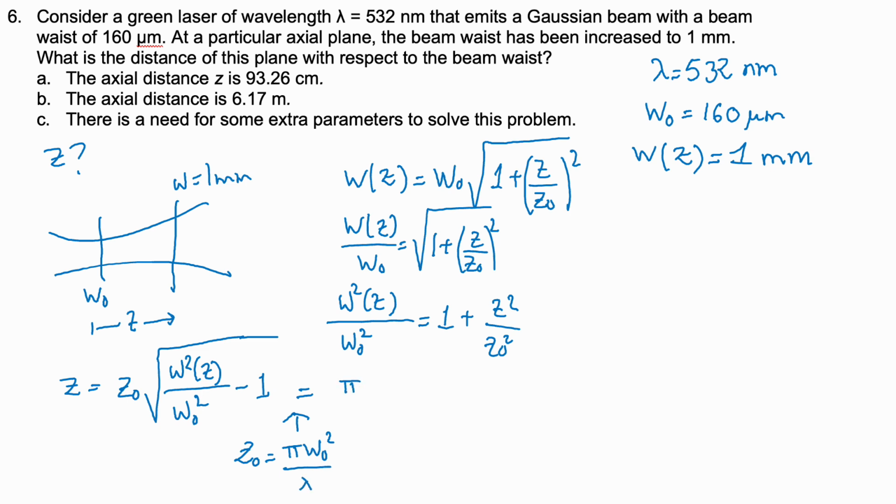So we put here pi, the beam waist squared over lambda, times the square root of the beam width squared over the beam waist squared minus 1. And now here we have everything. We know the wavelength, and again I'm putting everything in meters.